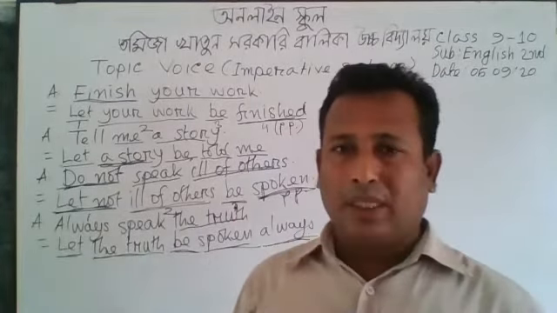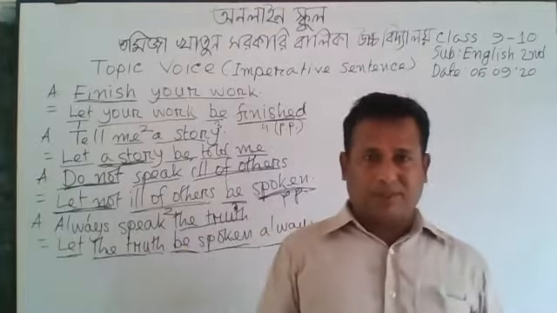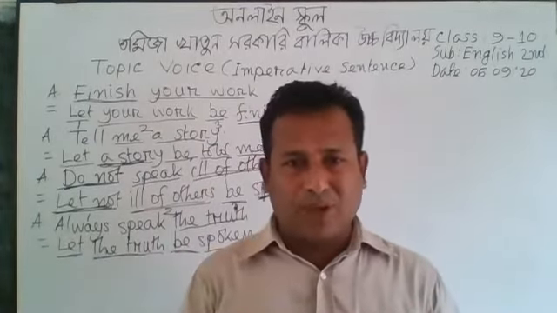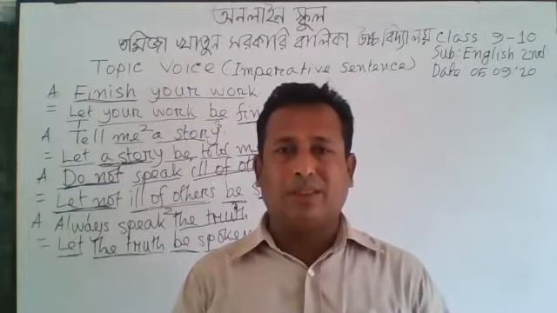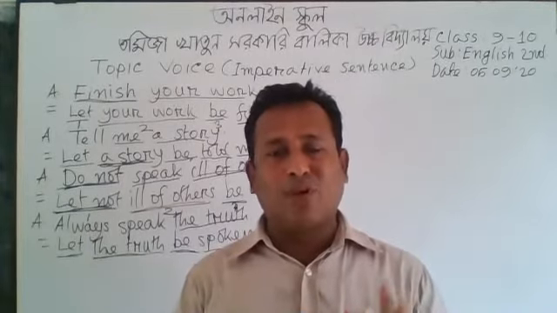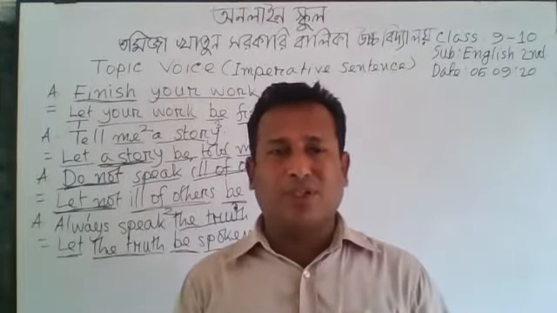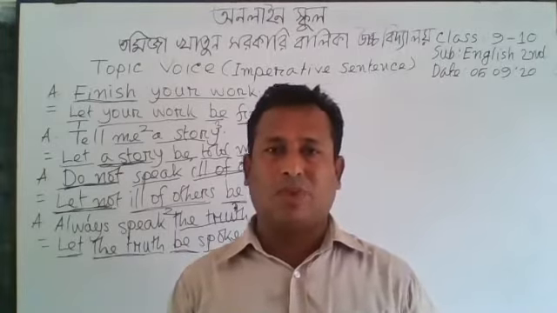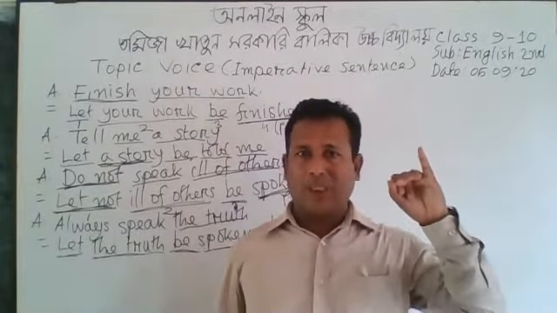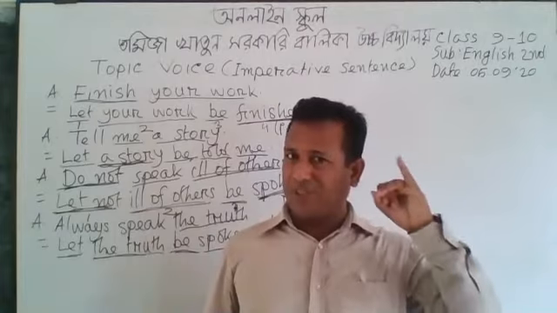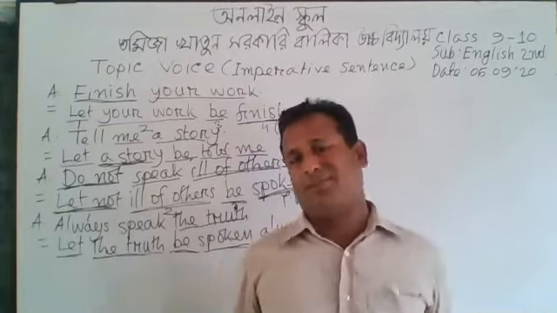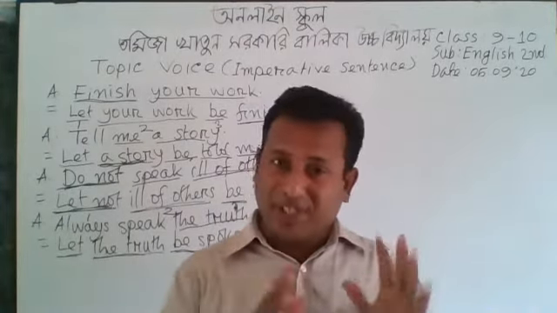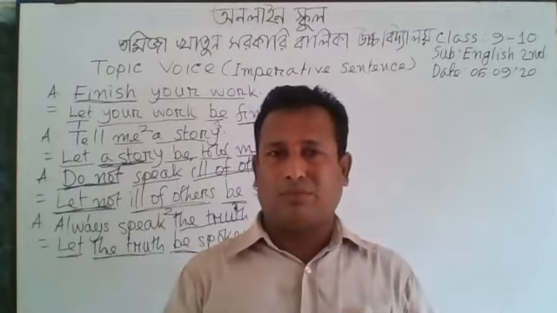So I see that we have found only 4 points of the rules. At first, let, if it is affirmative imperative, and if it is negative, let not.